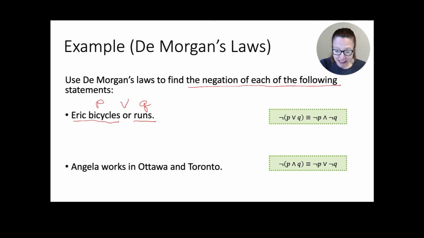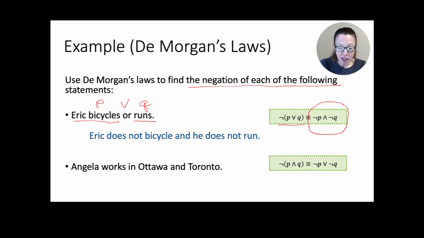If we want to negate that, we can apply De Morgan's laws. Not the disjunction P or Q is equivalent to not P and not Q. Written out in plain English, Eric does not bicycle, that is our not P, and he does not run, that's our not Q.